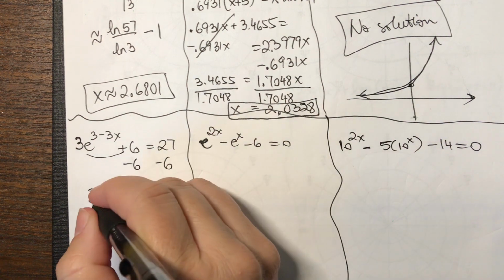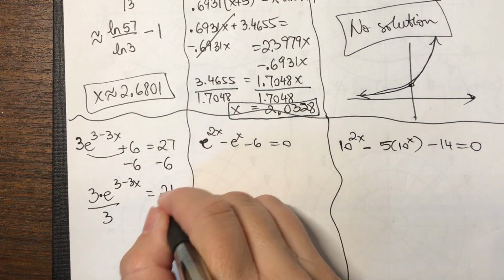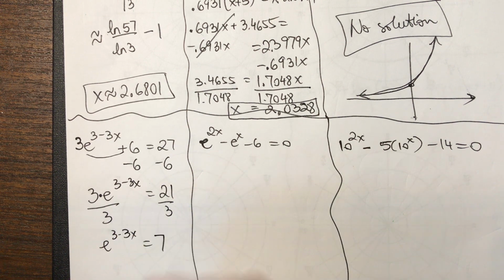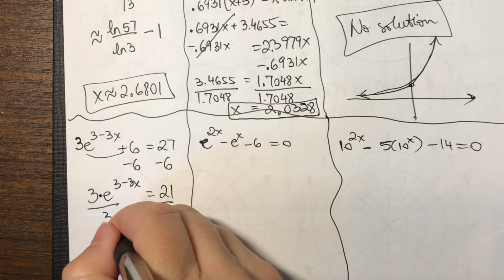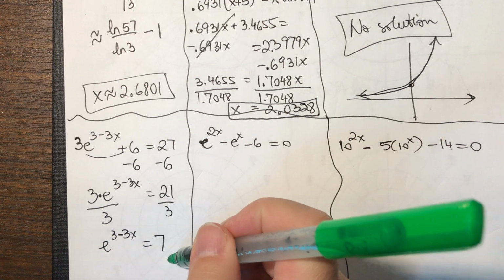Then what else? I can even remove this 3 that e is multiplied to. I can divide it. And now finally, and again, unfortunately, it's not as easy as equaling to a negative, so that means we have to move on and we'll get an answer.